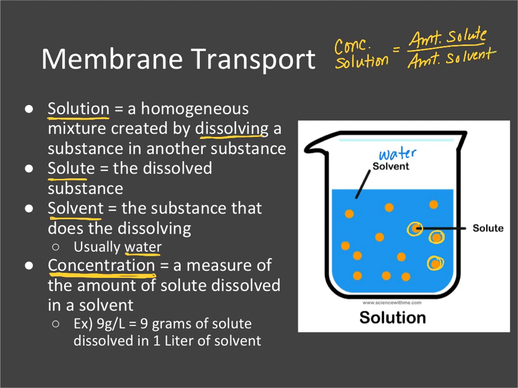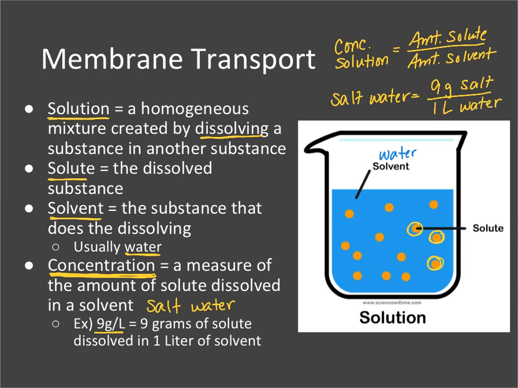The example I have down here is, let's say, salt water. If salt water has a concentration of 9 grams per liter, that means that our salt water has 9 grams of salt, which is our solute, for each liter of water.